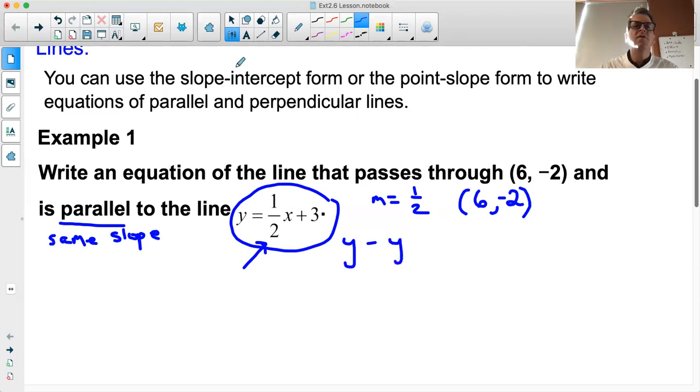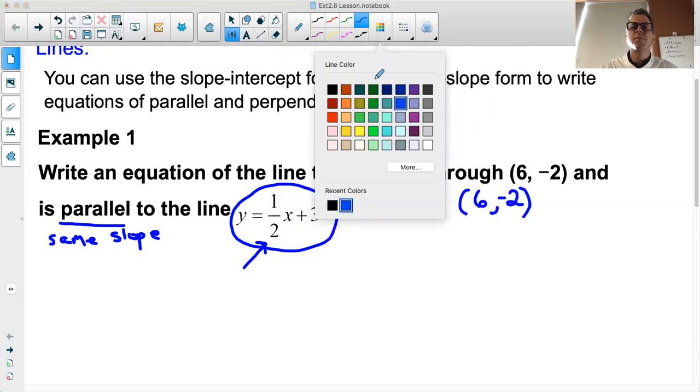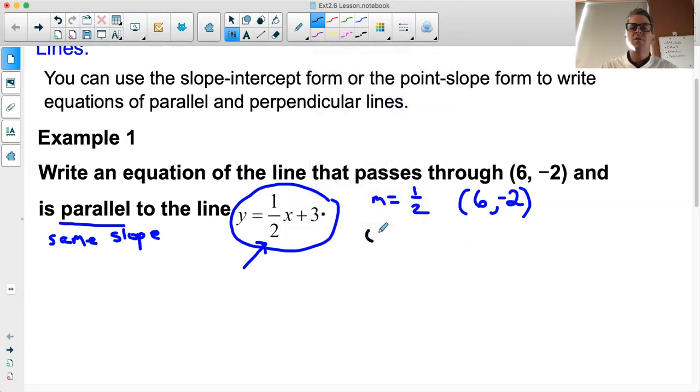I'm going to change colors there. I've been using black for this part. So the equation is y minus the y1 is equal to the slope times x minus the x1.